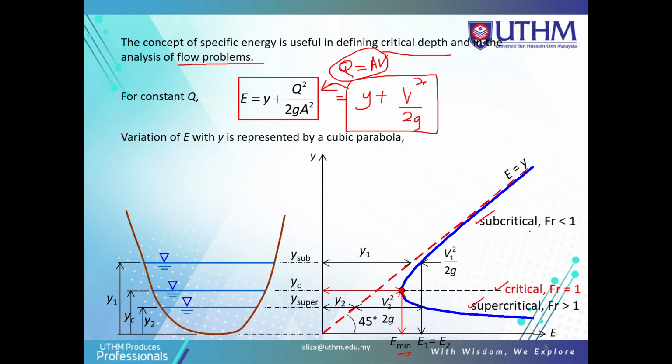We get subcritical when the Froude number is less than 1, supercritical when the Froude number is more than 1, and critical when the Froude number is equal to 1. You must remember these types of y: critical, subcritical and supercritical. The variation of E with y is represented by a cubic parabola.